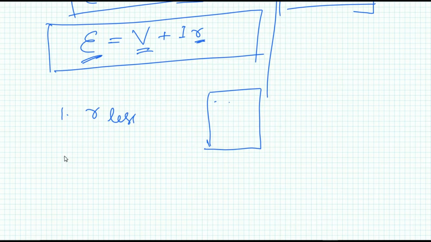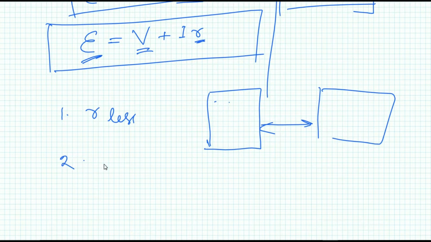The second factor is the distance between the plates. If the distance between the plates is more, then the resistance will also be more, because the electrolytic ions have to travel a larger distance to complete the chemical reaction. That means if the distance between these two plates is more, then the internal resistance will also be more.